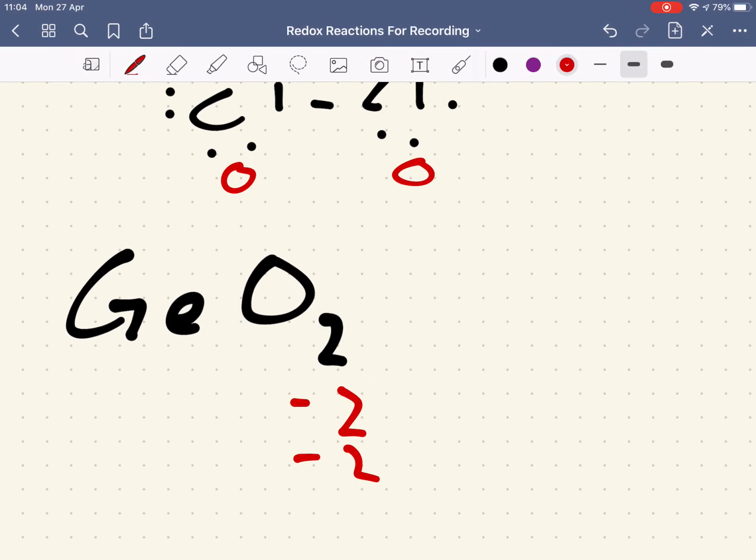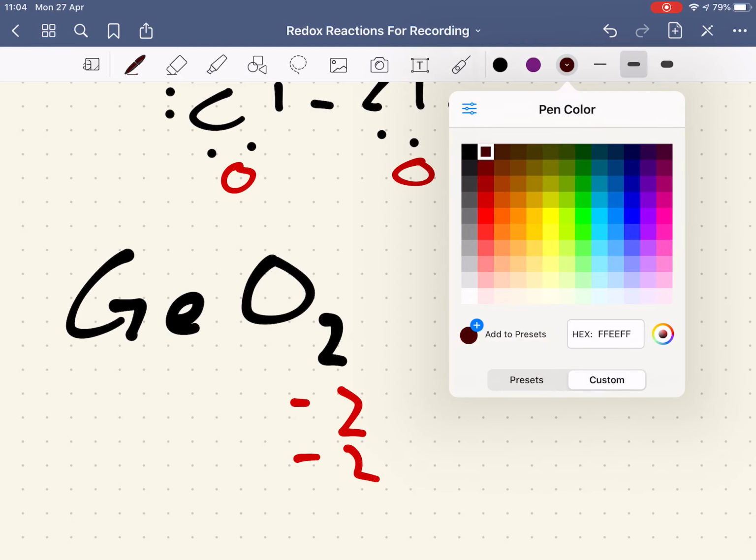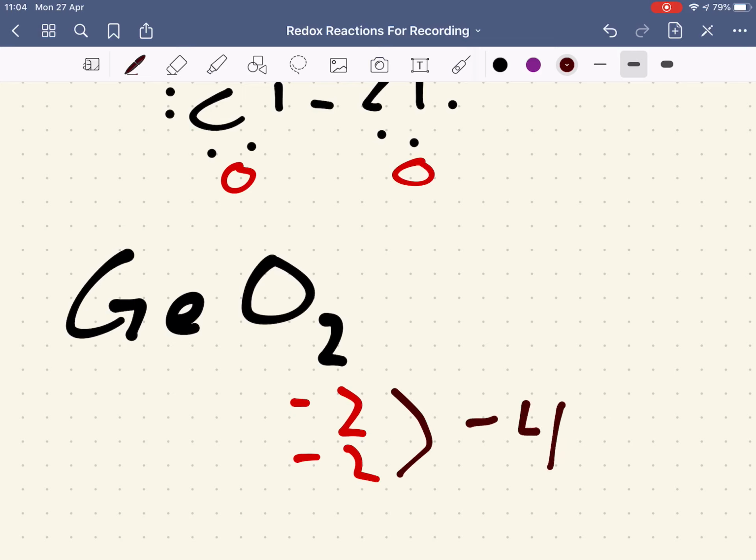The total here is going to be -4. So let's save that for later. But each oxygen gets an oxidation number of -2.